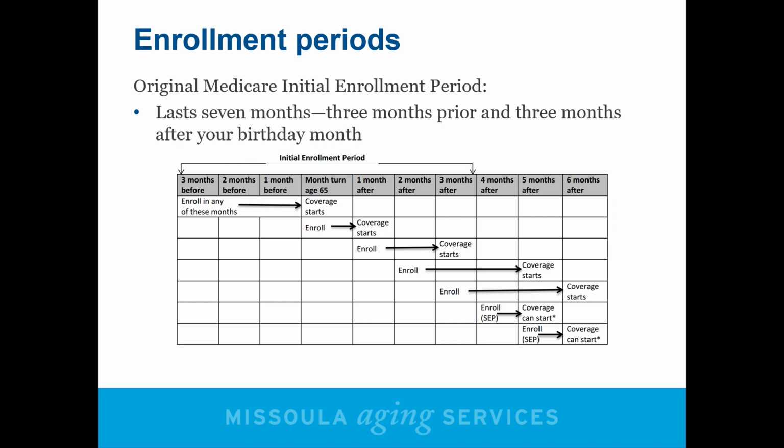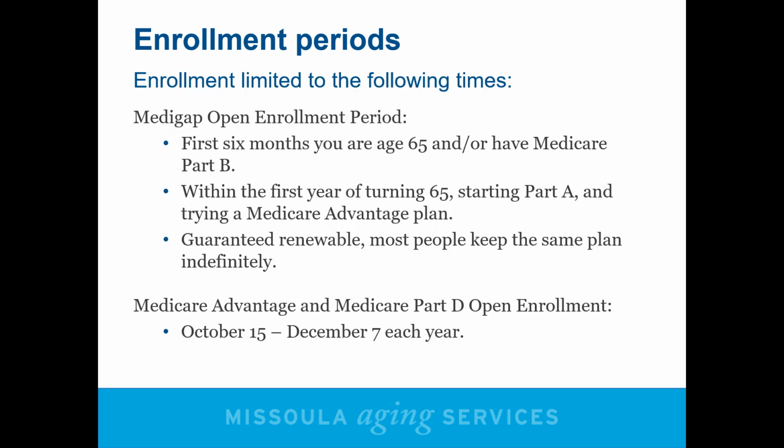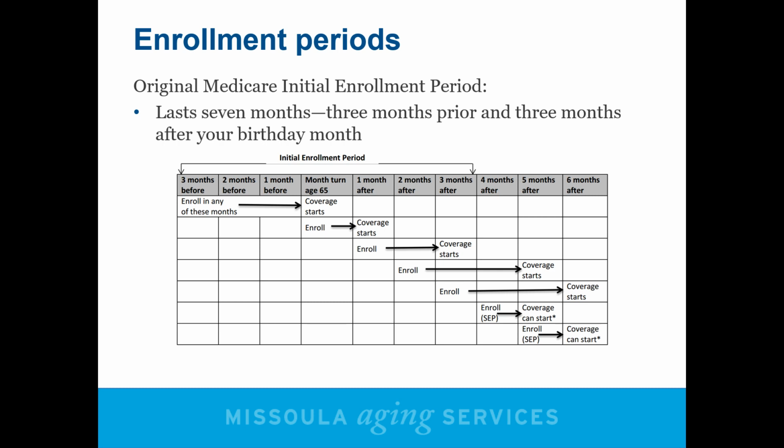Notice that after 3 months after, you're out of that initial enrollment period, and you have to have a special enrollment period like retiring and losing your employer-based coverage. If you're retiring at 65 years old and 2 months, you may think you're within that 8-month period, so coverage will start the following month.